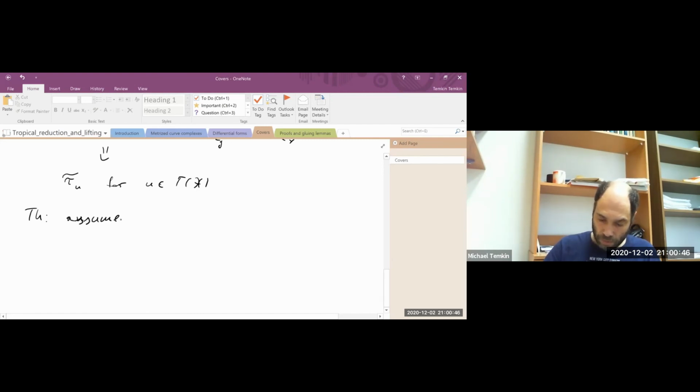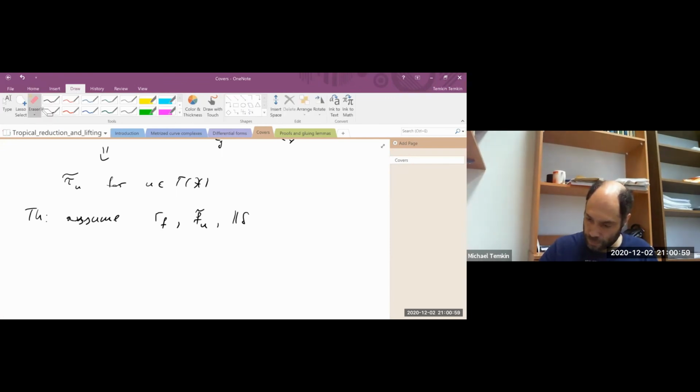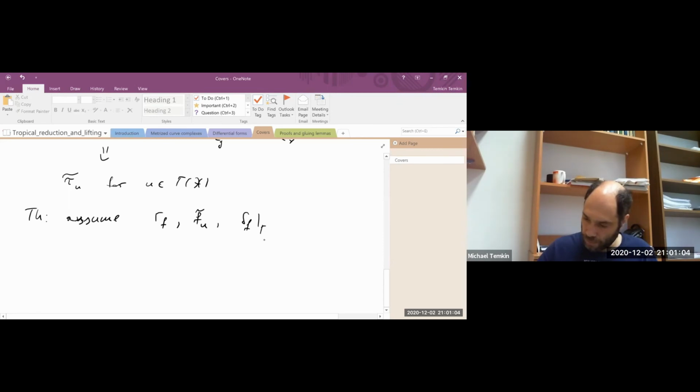Assume that we are given a datum like earlier, gamma f, and reductions at points u, and the different function on gamma f, and the reductions of tau at u, subject to some compatibility conditions, which I don't have time to state.